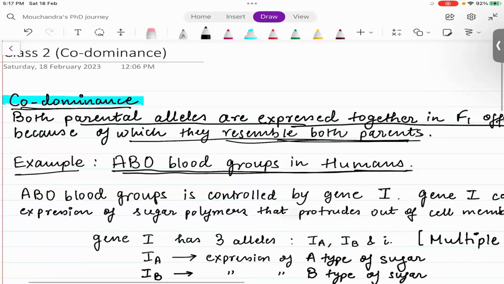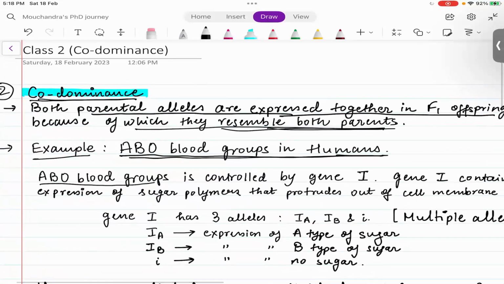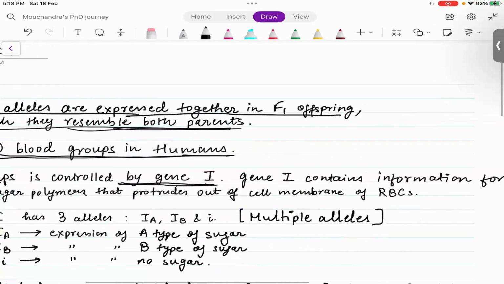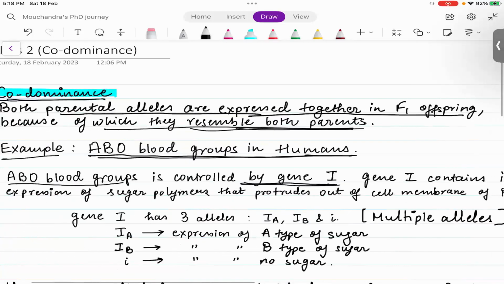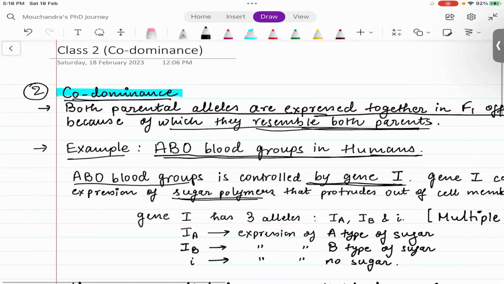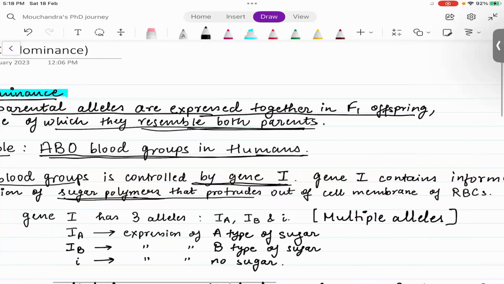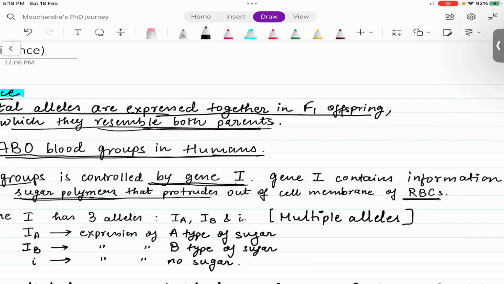It is known that ABO blood groups are controlled by a gene called I, and this gene I contains the information for the expression of a sugar polymer. This sugar polymer is present on the cell membrane of the RBCs, or red blood cells. Whatever type of sugar polymer is present on the RBC will be the type of the blood group.